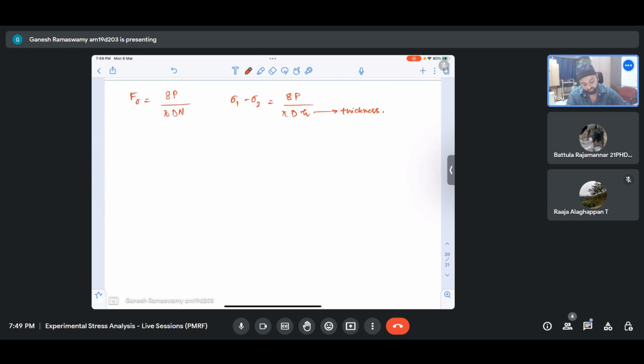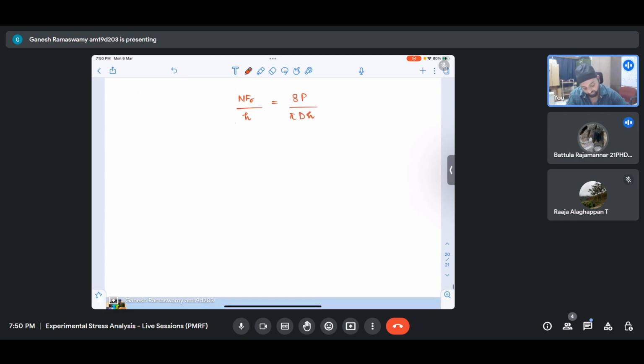Once we have this, the left hand side is nothing but N f sigma by h, which equals 8P by pi D h. So h and h cancel out. So essentially f sigma is 8P by pi D N.